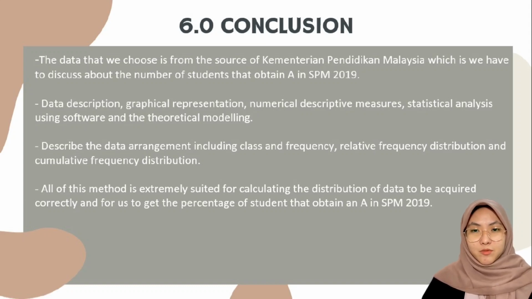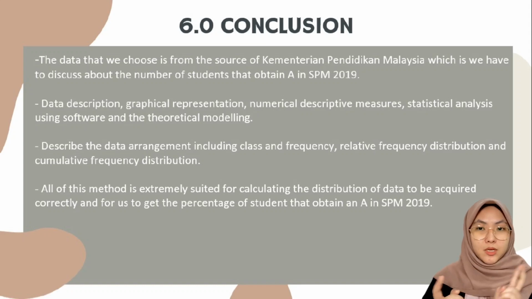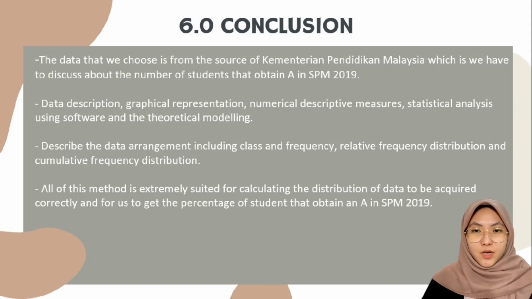The first step is to describe the data arrangement, including class and frequency, relative frequency distribution, and cumulative frequency distribution. Next, for the graphical methods, we employ two types of graph, which are the histogram and ogive graphs.